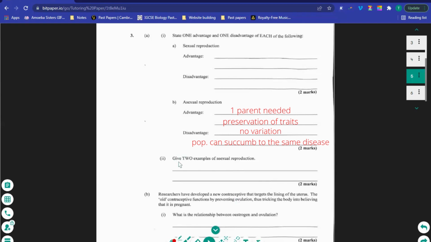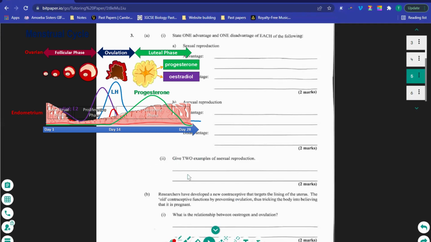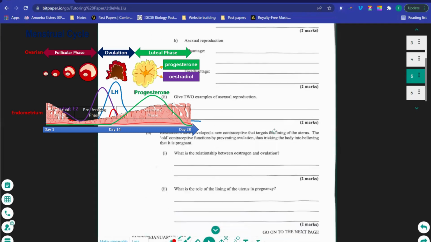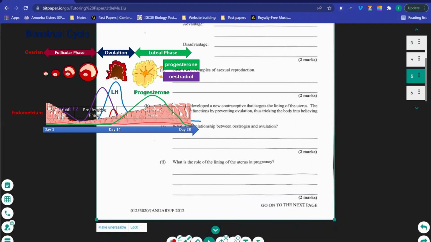Then part 2, give two examples of asexual reproduction. So we have budding, we have grafting, and I can also say one more, binary fission. Then part B here goes on to intervene in the menstrual cycle, or parts of it.